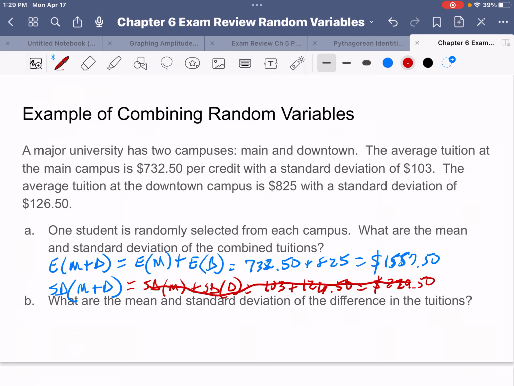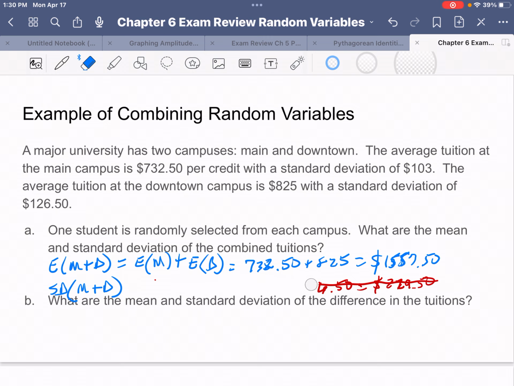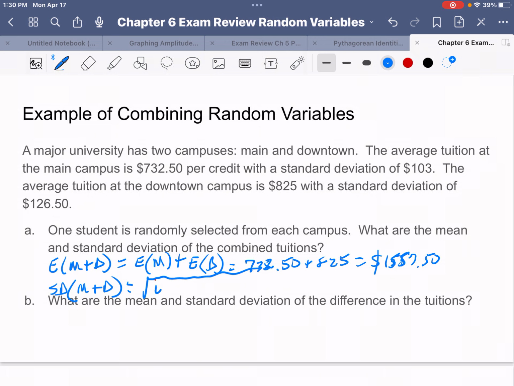That is incorrect. What do we have to do to find that true standard deviation of M plus D? Well, let's see. The true standard deviation of M plus D is equal to the square root of the variance of Main plus the variance of Downtown.